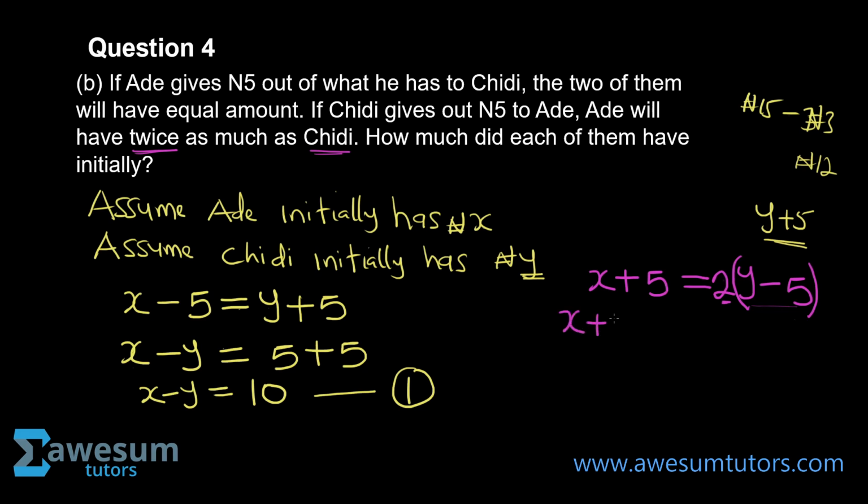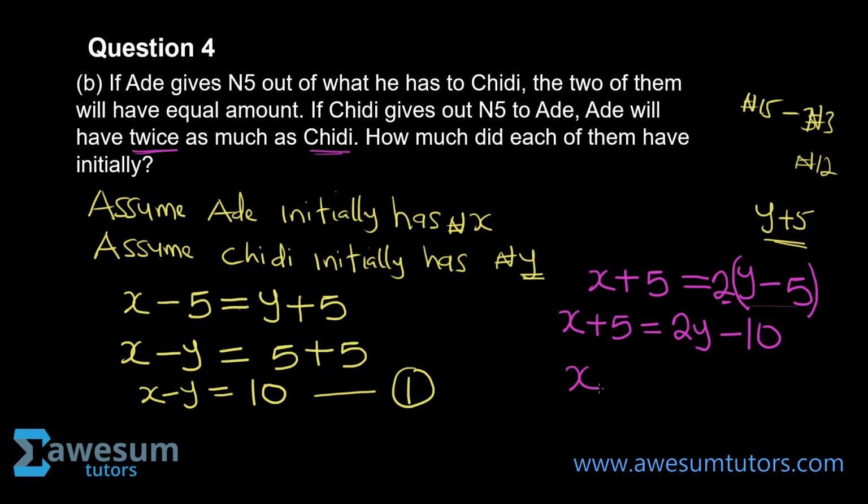X plus 5 equals, open up this bracket, 2 times Y is 2Y, 2 times 5 is 10. Okay, bring the letters to one side and the numbers to the other side.